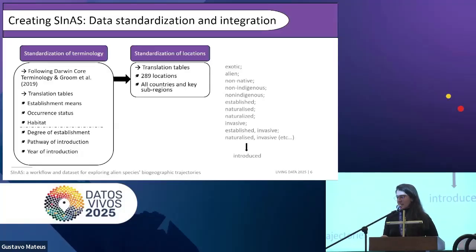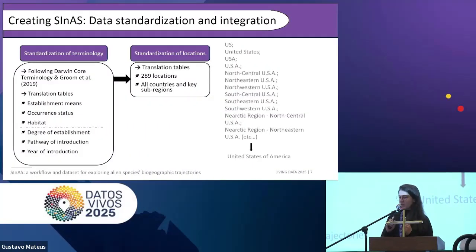After standardizing this, we standardize the locations. We also use a translation table. We include in our data set 289 locations, which encompass all world countries and key sub-regions. And this one looks a little bit like this. For example, for the United States, they are all reporting these names in a completely different way.